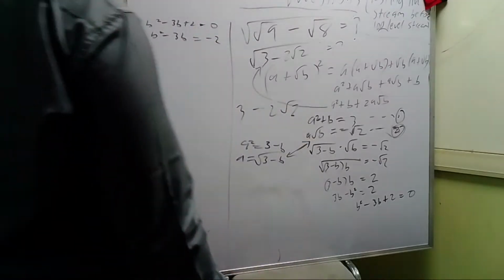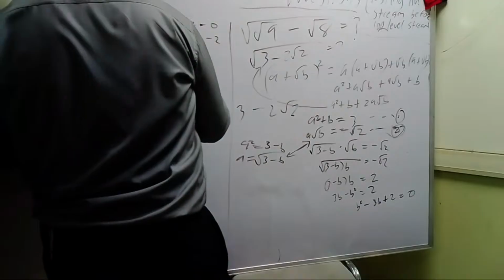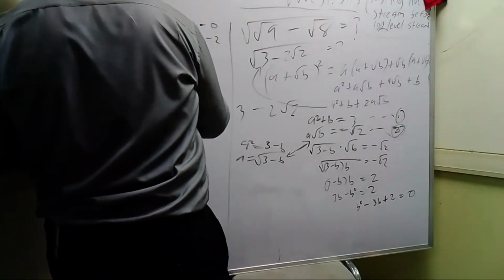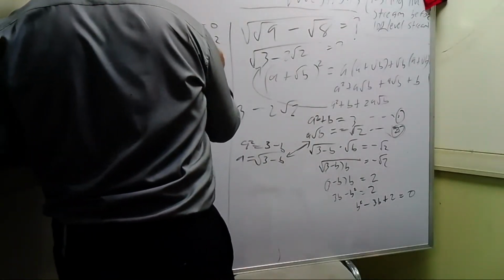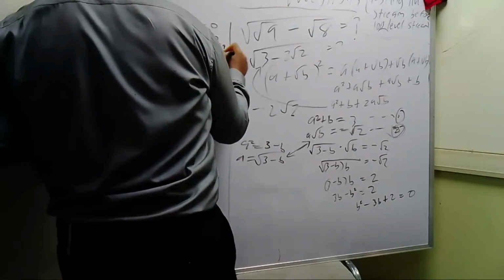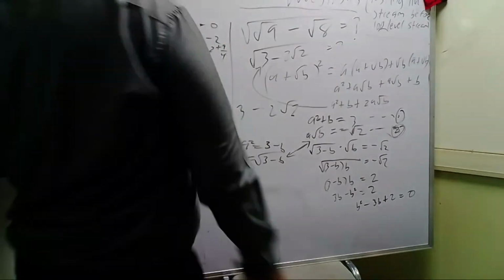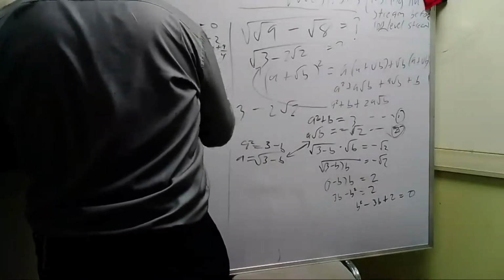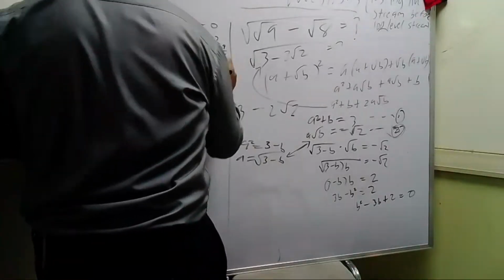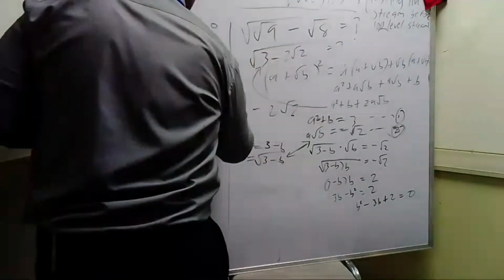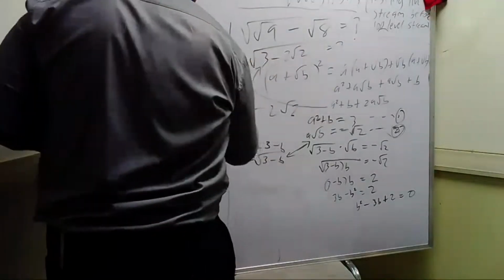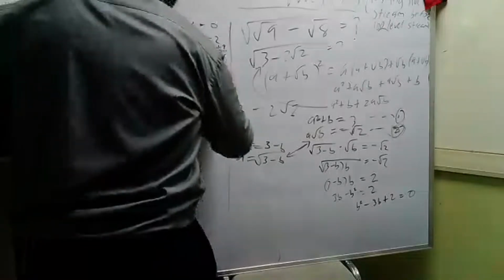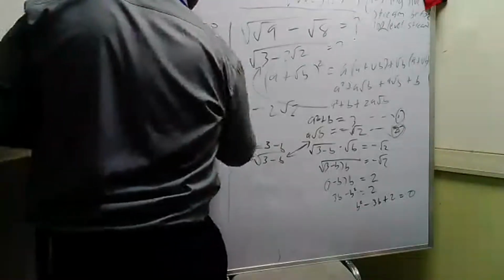If you complete the square, you have to add 9 over 4 to both sides. You have b squared minus 3b plus 9 over 4 is equal to minus 2 plus 9 over 4. The left side can be simplified to b minus 3 over 2 all squared, is equal to minus 8 over 4 plus 9 over 4, which is simply just 1 over 4.